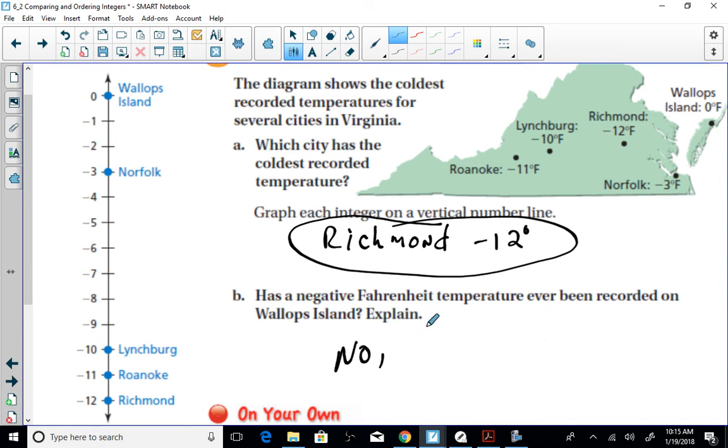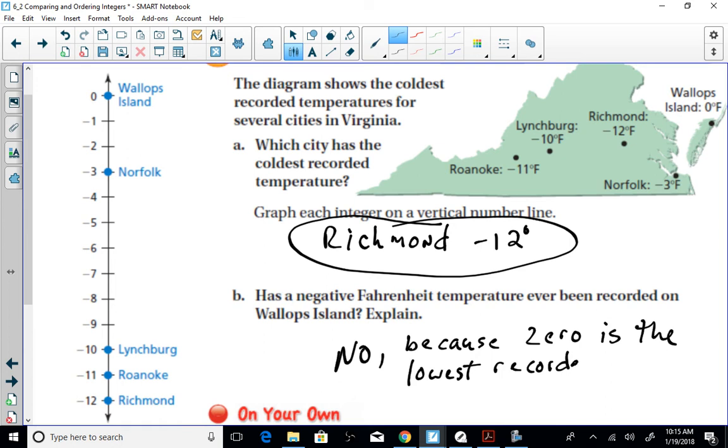No, because 0 is the lowest temperature recorded. The lowest recorded temperature. I'm just going to abbreviate temperature.